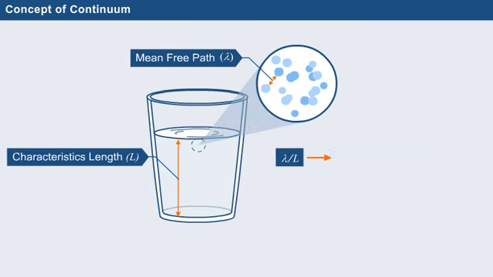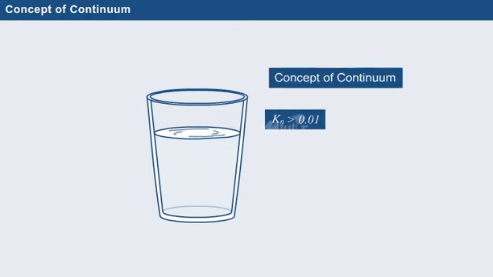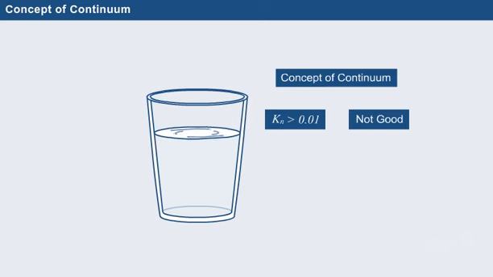It is a dimensionless parameter denoted by Kn, which is equal to lambda divided by L. Usually, if Kn is greater than 0.01, the continuum in the fluid is not good. If Kn is less than 0.01, the continuum in the fluid is good.